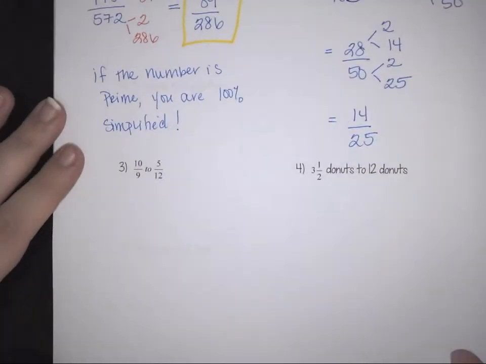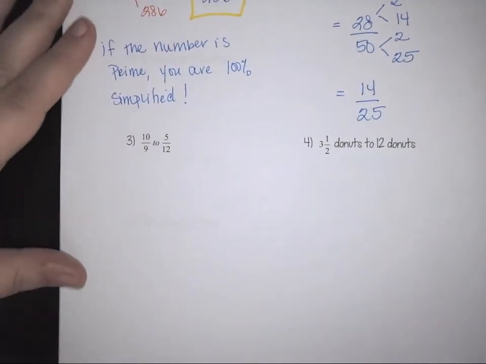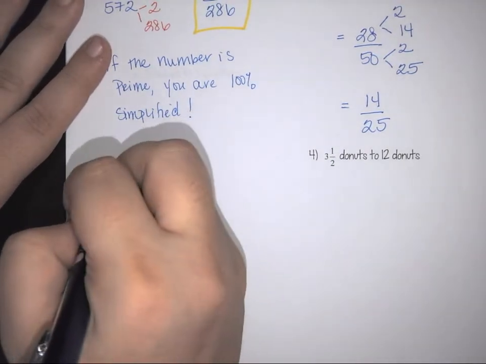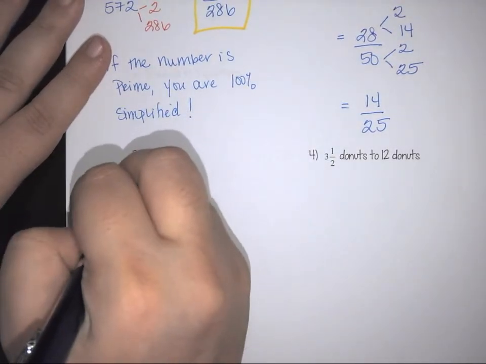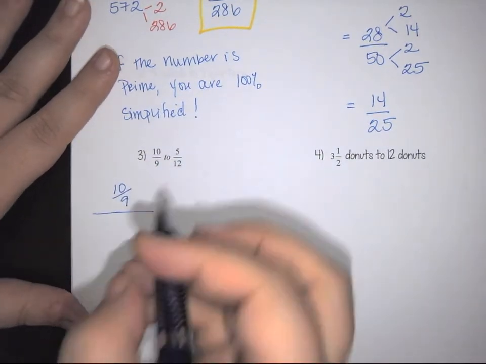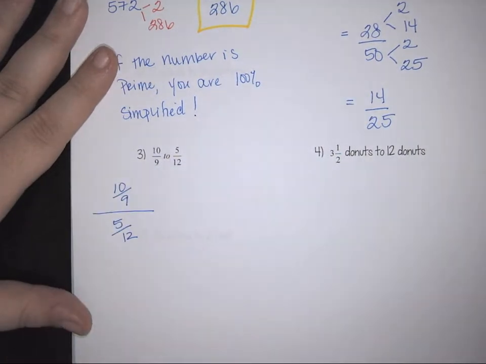Alright, now we've looked at a whole number and a decimal, so what happens if I have fractions? Well, if we look, my top would become 10 over 9, and then I have to put in my ratio bar, and my bottom is 5 over 12.